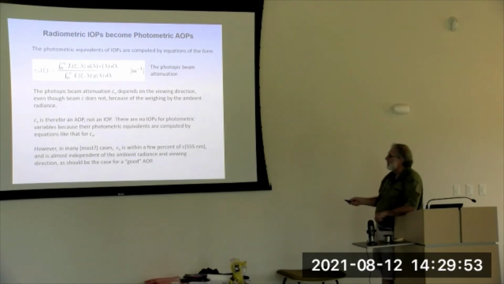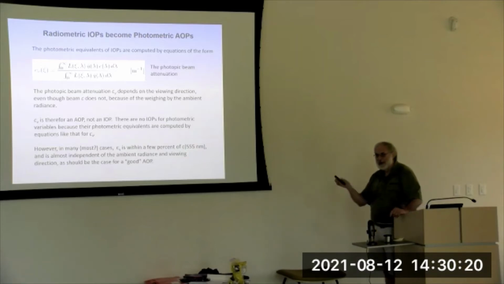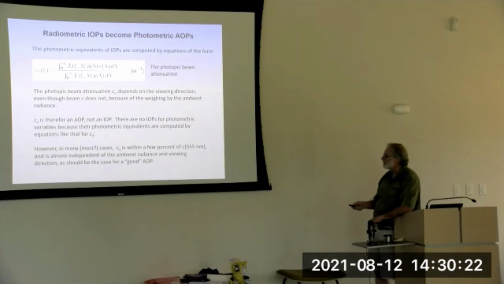So you can do a lot of measurements and a lot of simulations, and you'll conclude that the photopic beam attenuation is usually within a few percent of the beam attenuation at 555. That's where your eye is most sensitive, and that's the way it comes out. So there's a lot of models where instead of really dealing with the photopic beam attenuation, they just use the regular beam attenuation at 555, and you're good to within a few percent.